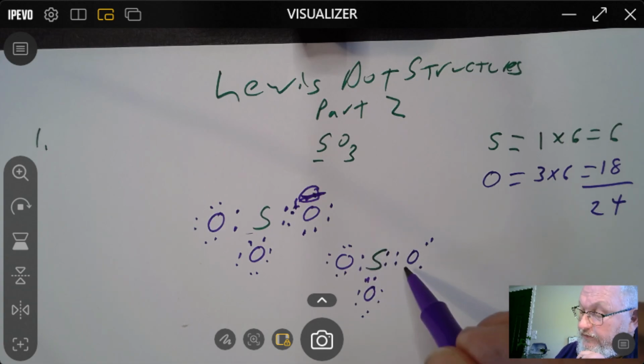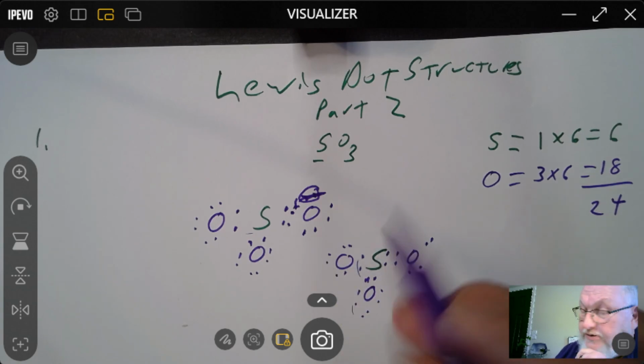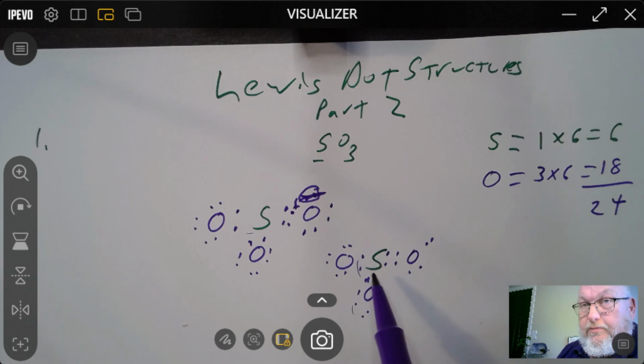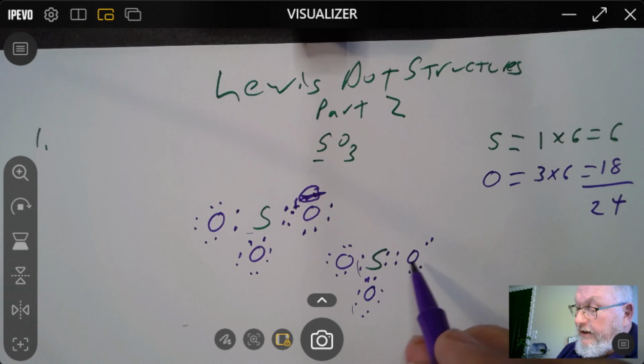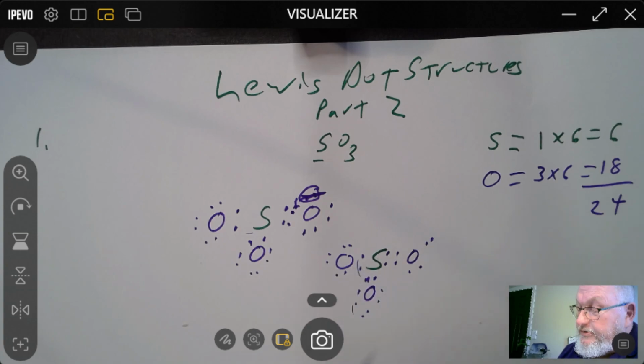Okay, so there's 8 there, 8 there, 8 there, 8 there, and then sulfur has 8. So we're happy. Okay, that's 24. The octet rule has been fulfilled. All right, and around the sulfur and oxygen, I have 1 double bond, 2 single bonds.